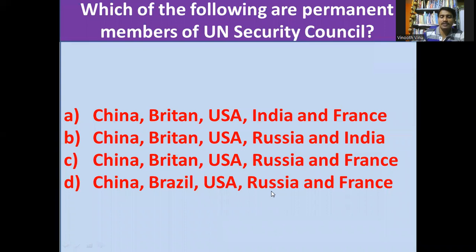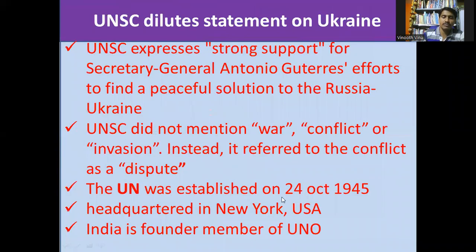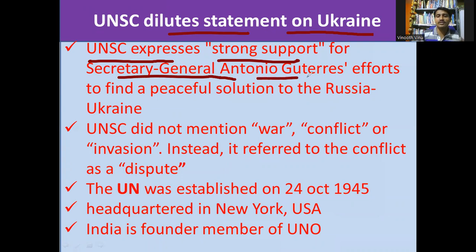Regarding this, why was this in the news? Because the United Nations delivered, for the first time, a statement on the Ukraine crisis. Importantly, the United Nations Security Council expresses strong support for Secretary General Antonio Guterres' efforts to find a peaceful solution to the Russia-Ukraine crisis.